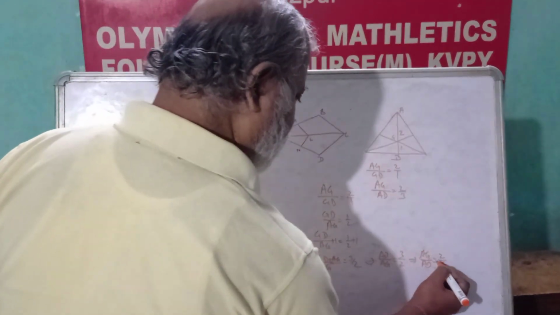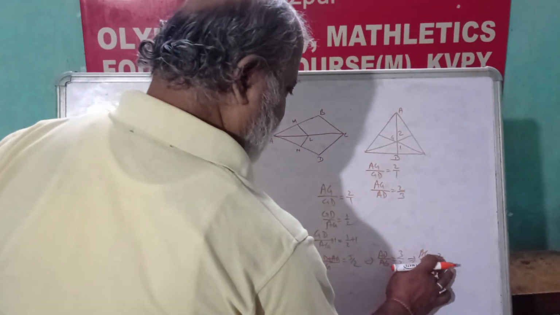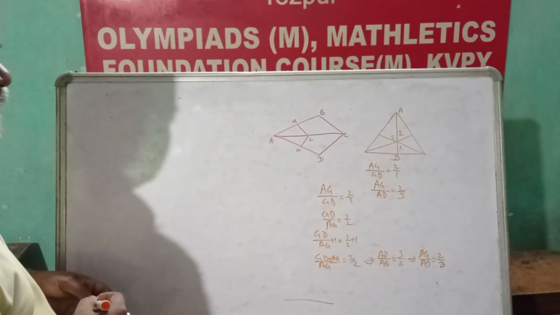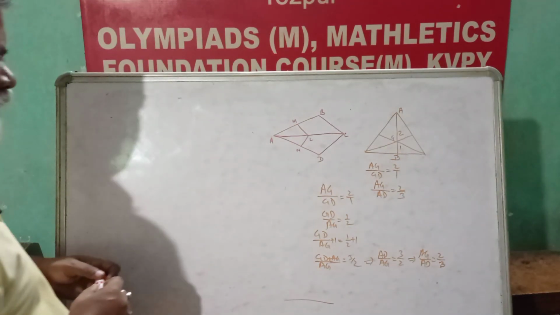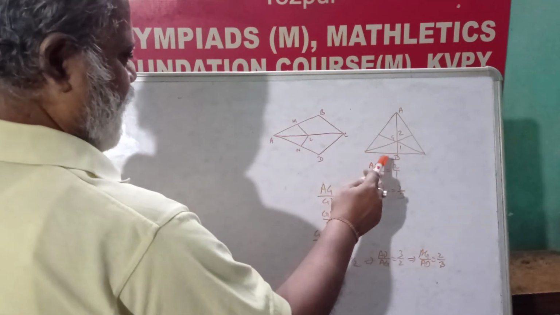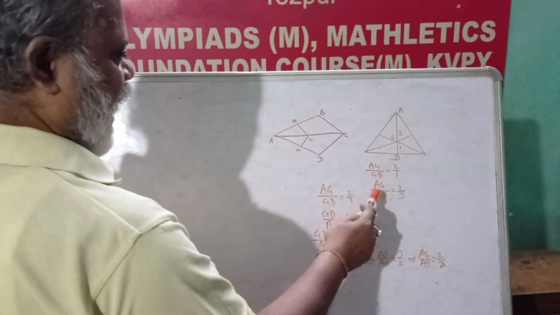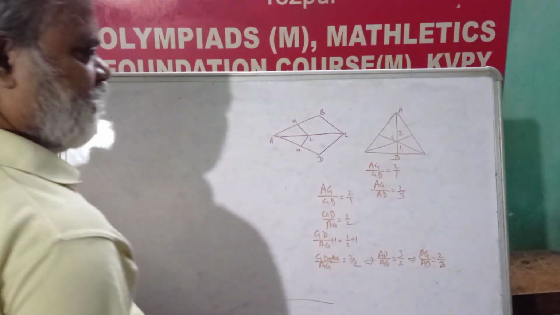So we need not show this, since we know that in ratios AG by GD is 2 by 1. So we can directly write here AG by AD is equal to 2 by 3.